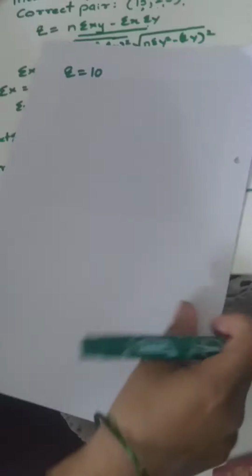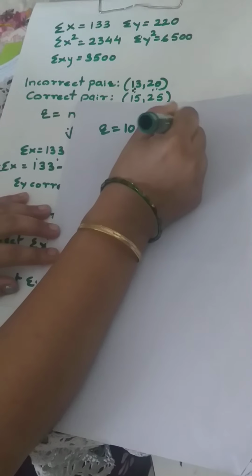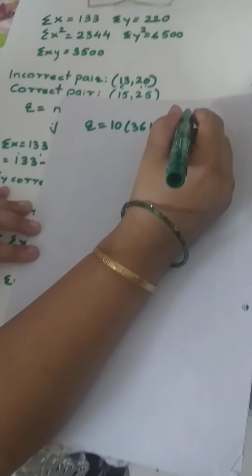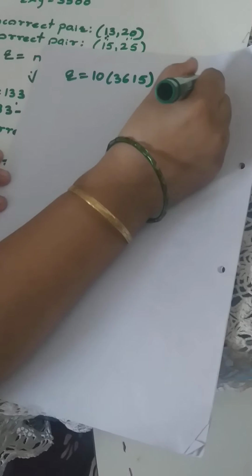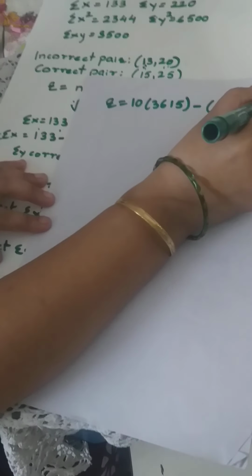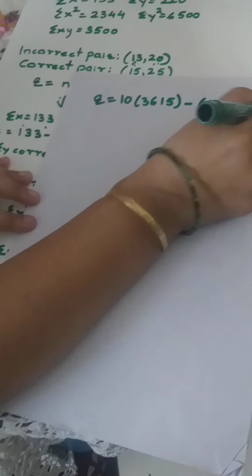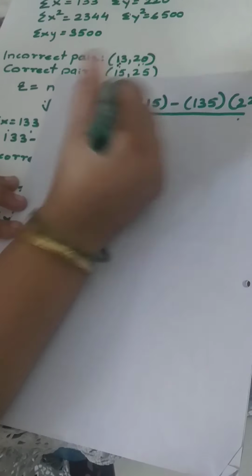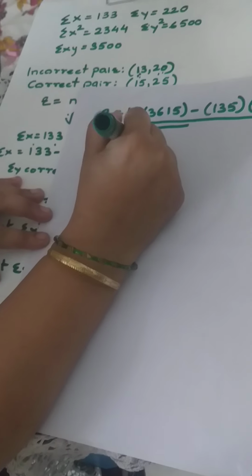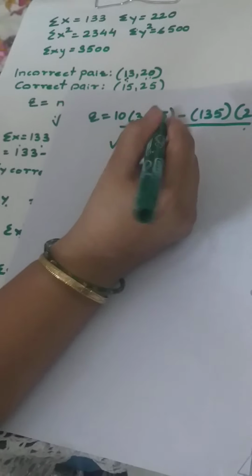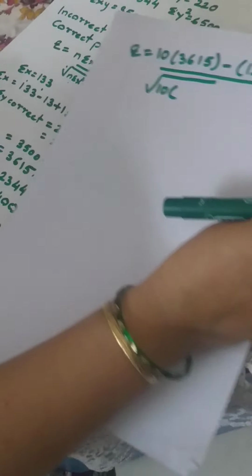So n is 10. What is the corrected xy we had done? It was 3615 minus summation x, which came out to be 135, into 225, upon root of 10 into summation x square corrected.